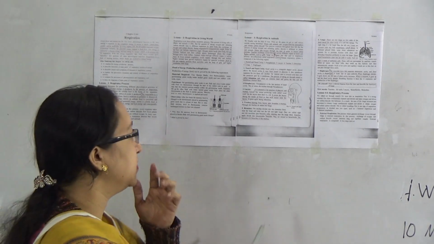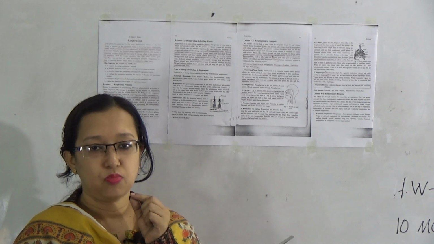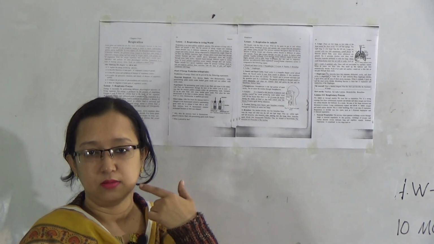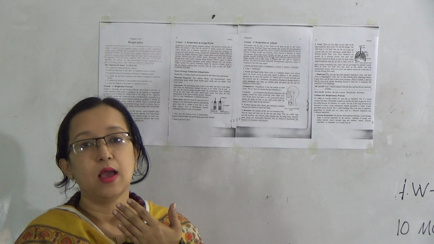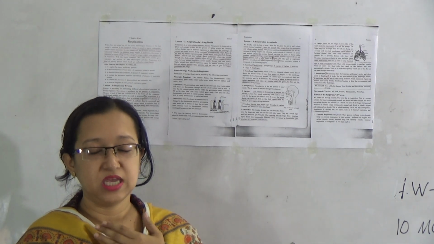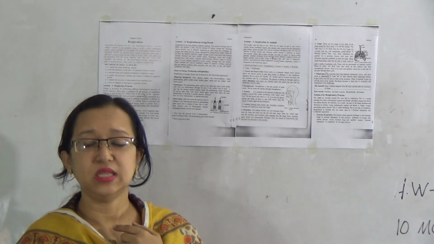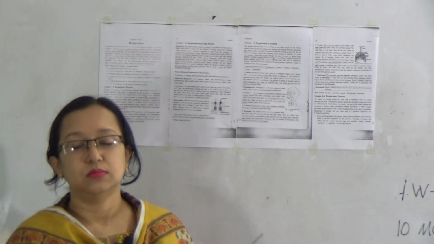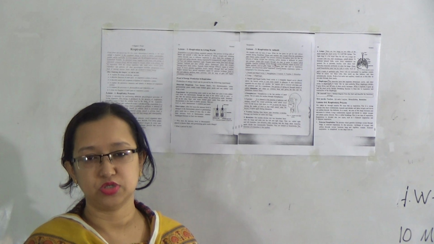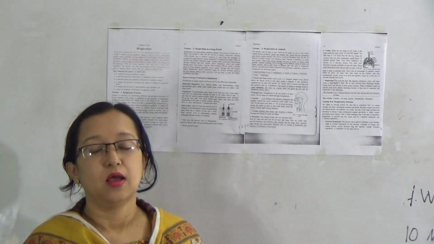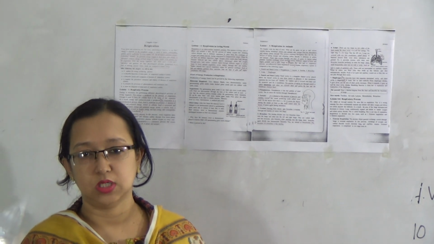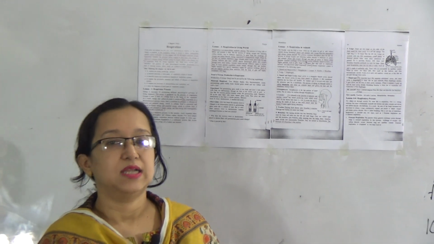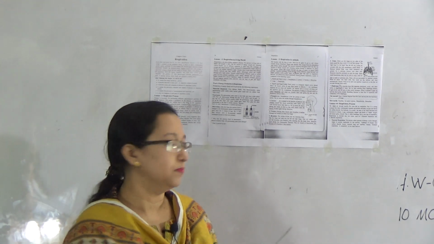In the front part there is small hair, and in the last part there is a thin membrane. When dust and germs get inside our nose, the small hair tries to protect against germs and dirty things going inside the nose, and then this membrane protects against them.